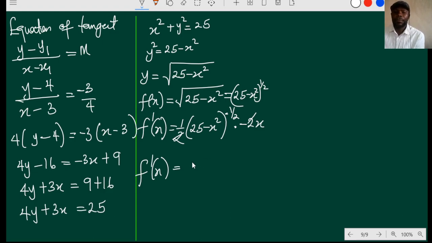So we have minus x over 25 minus x squared all raised to power half. Recall it is minus half, so by the time it becomes plus half, it will come down. So therefore, how do we now continue to have, let me pick the next table.